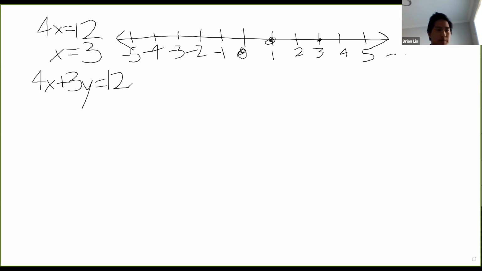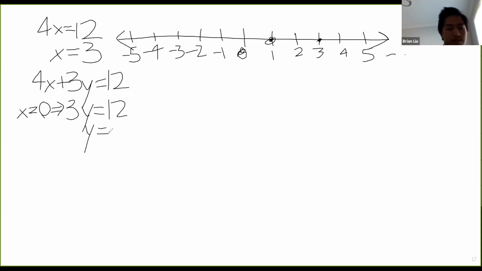So one thing we can do is just try to come up with a few easier values. So say, what if x was 0? If x is 0, then 4x would be 0, and then 3y equals 12, y equals 4. Right. Now what if y was 0?